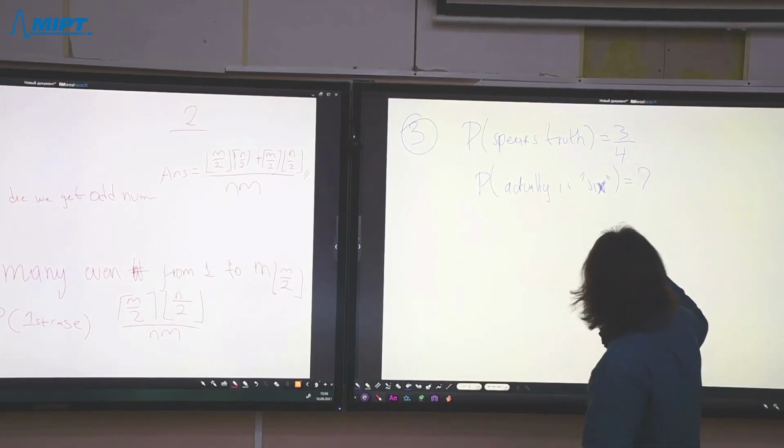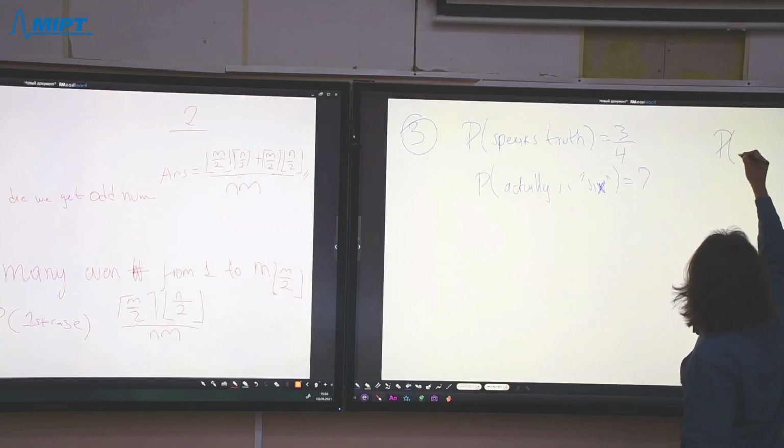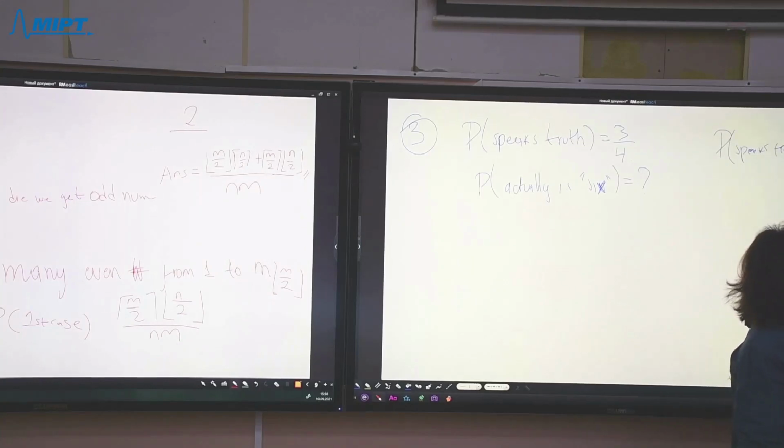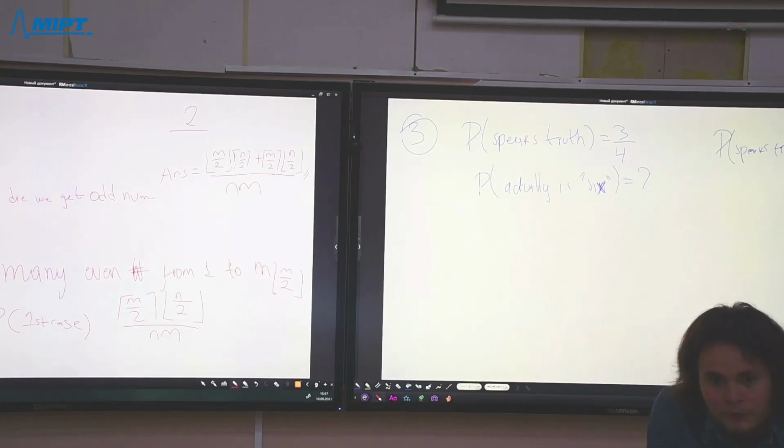So it's 1 minus 3/4, which is just 1/4. And in general, if we throw a dice, the probability that we get 6 is 1/6, and the probability of not getting 6 is 1 minus 1/6, which is 5/6. So knowing this, we can use the Bayes theorem, and we can compute using those.